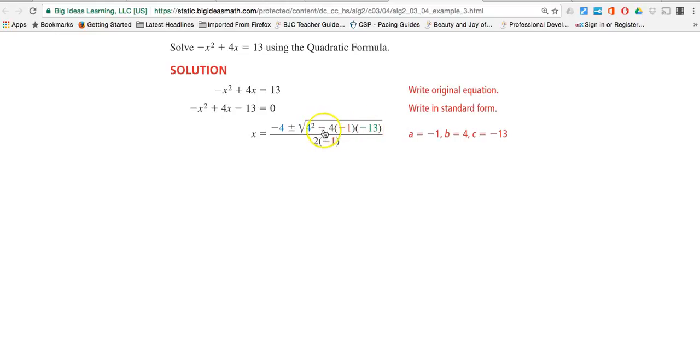And we actually have 3 negative values here. So you're really going to have to keep track of these negatives when you end up distributing -4. So what we have is -4 times -1 times -13. And you'll notice when you work that out, you end up with 16 minus 4 times -1 is +4, and +4 times -13 is -52.